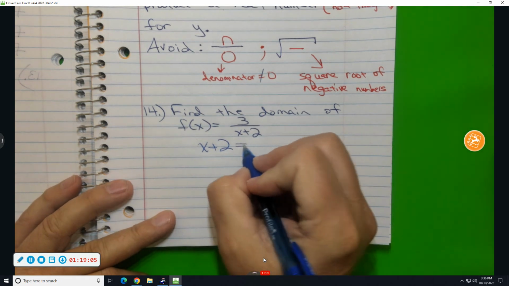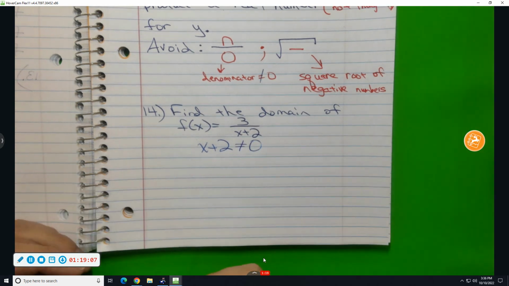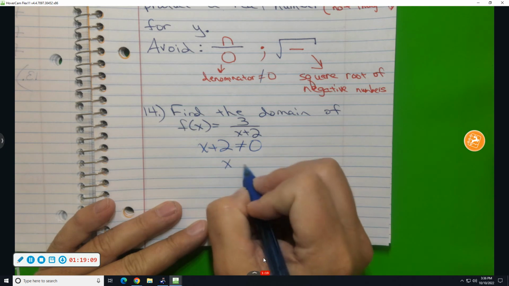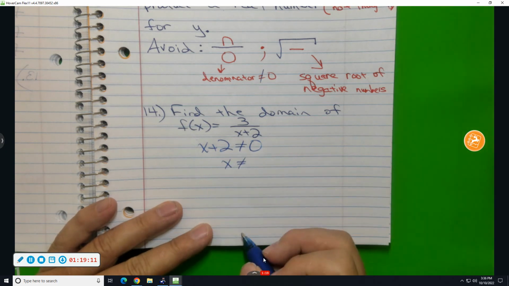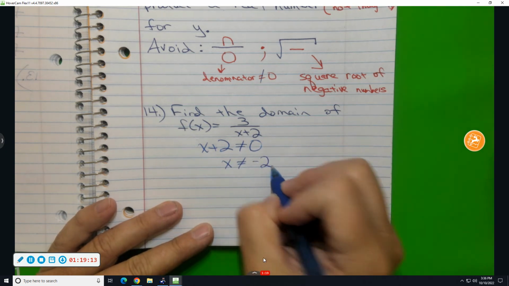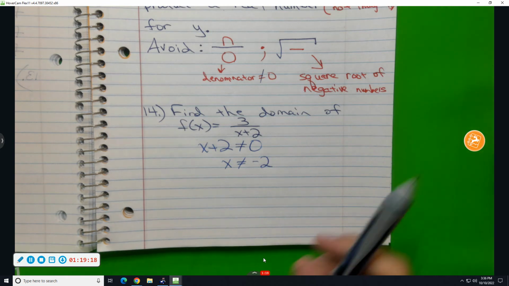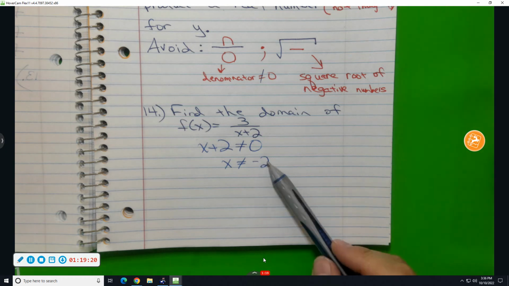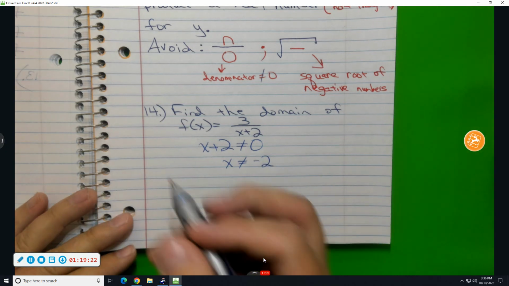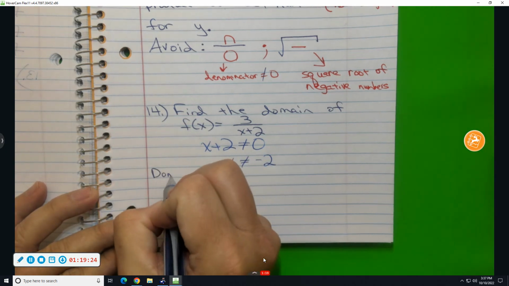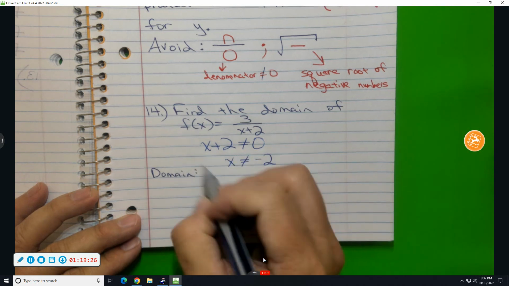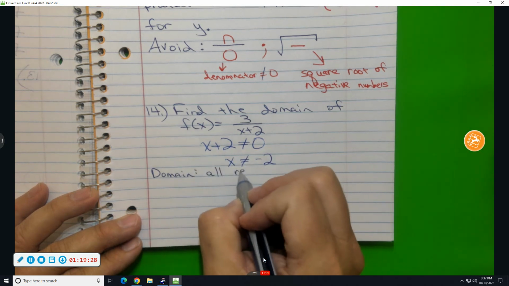We'd say we don't want that set equal to 0, which means that x cannot equal what number? Negative 2. That's saying that you can plug in any real number you want except for negative 2. If we were going to write it out in words, the domain is all real numbers except negative 2.